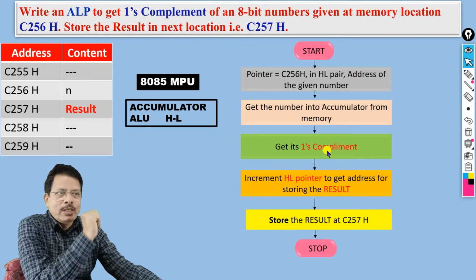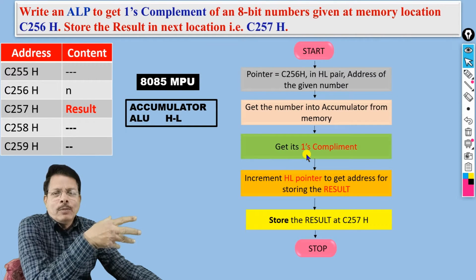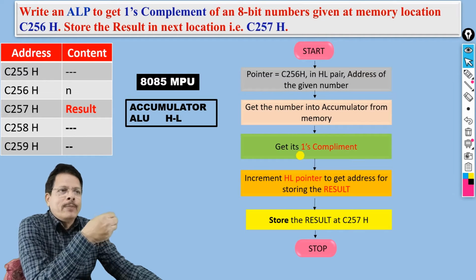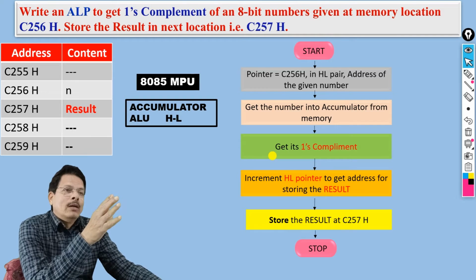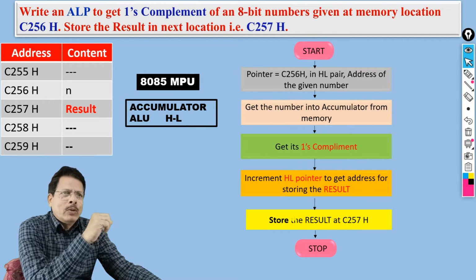The third step is to find its 1's complement. So write the appropriate instruction for that, and when this instruction is executed, its 1's complement will be ready in the accumulator. The only task remaining is to store that result into the next memory location.